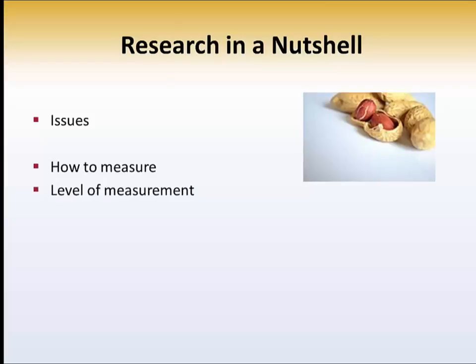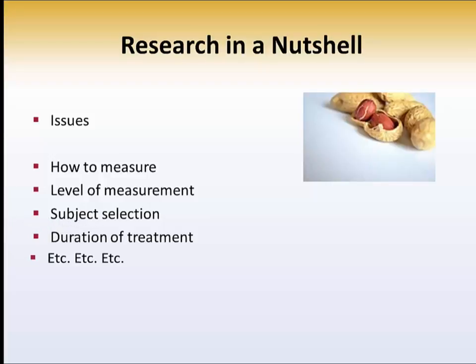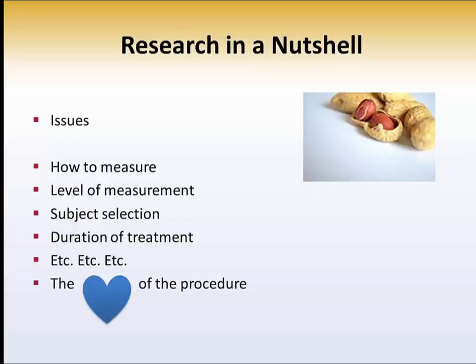What level of measurement is available to you? How do you select subjects? If there's a treatment, how long should the participants be involved in the treatment? Right. And so forth. So there are many different kinds of issues that come into play. But importantly, the heart of the research procedure is you want to learn the truth about the relationship between X and Y variables. And that's what research methodology is all about.